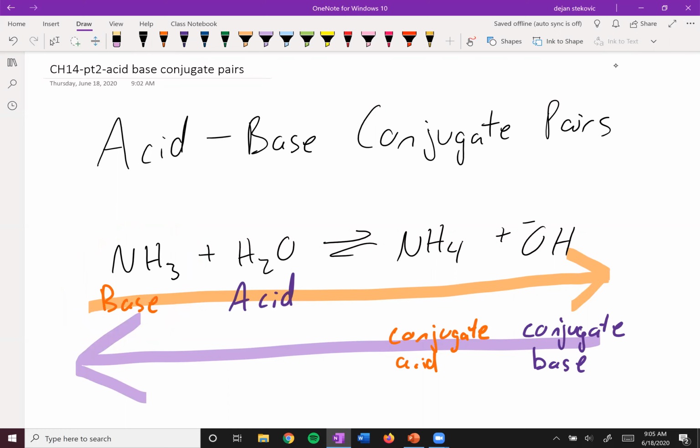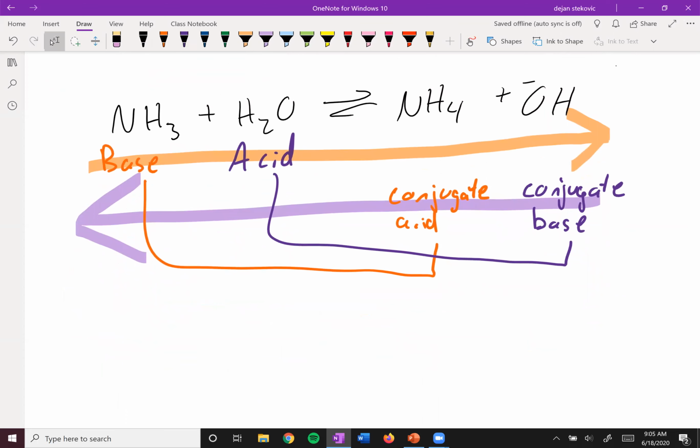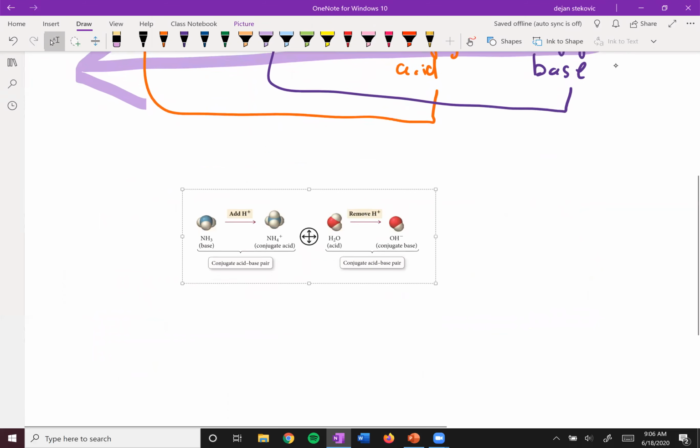Right, and we can kind of match the two if we want. So they are conjugate acid-base pairs because, again, it's really about what are you talking about? Are you talking about going from left to right or right to left, right?